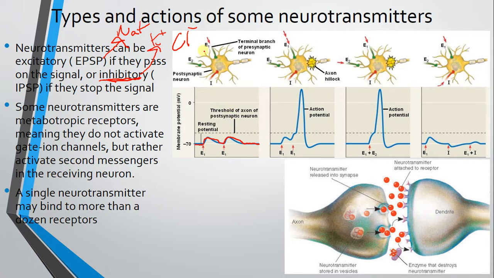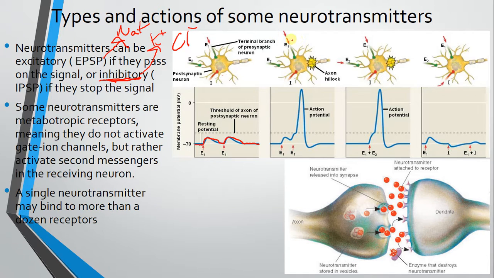So here we've got two different neurons trying to excite this neuron, but if those excitatory messages don't happen close enough together, it doesn't cross the action potential threshold and no action potential is propagated.